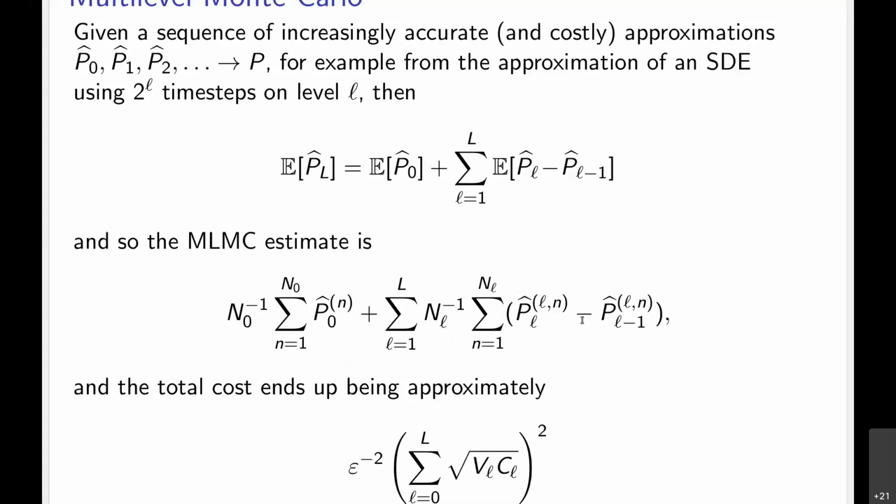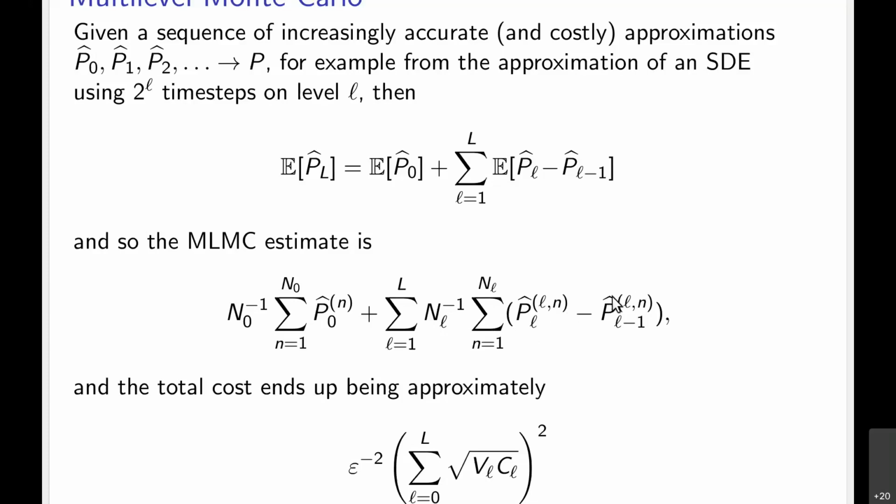And then on each of the other levels, we use a different number of samples, n sub L, of these differences between p hat L and p hat L minus 1, where the superscript L comma n indicates the fact that for each level of simulation, we're looking at the differences independently of the differences on other levels.